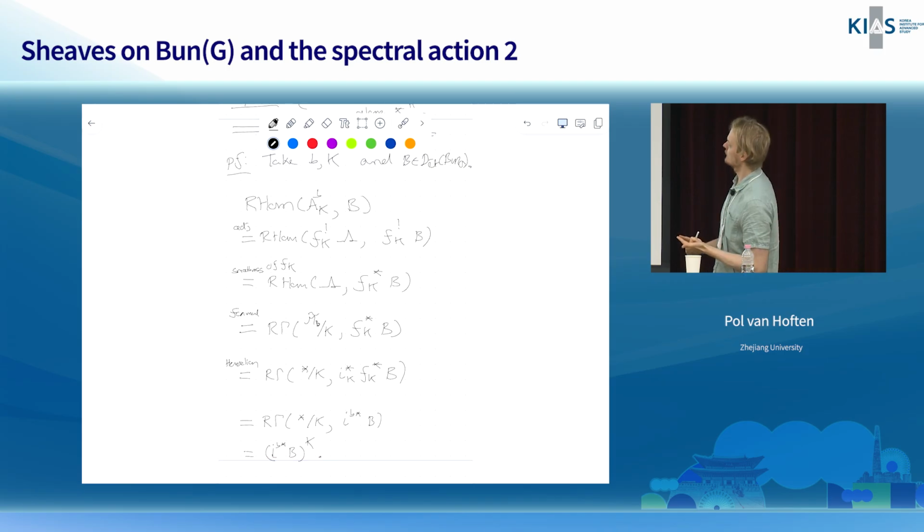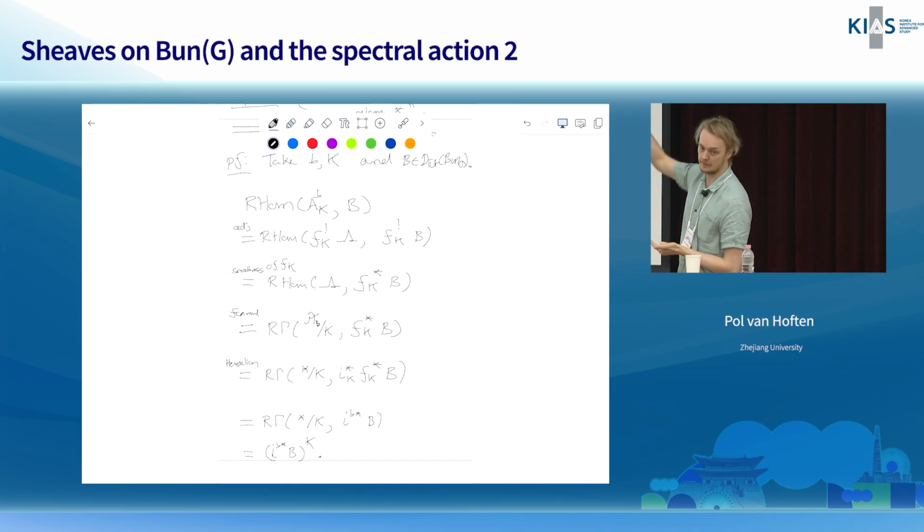So I want to know two things. First, if i_B upper star B, K-fixed points is 0 for all B and all K, then B is going to be 0 by the semi-orthogonal decomposition. So this tells me that these A_{B,K} are generators. Okay, so that's one thing.